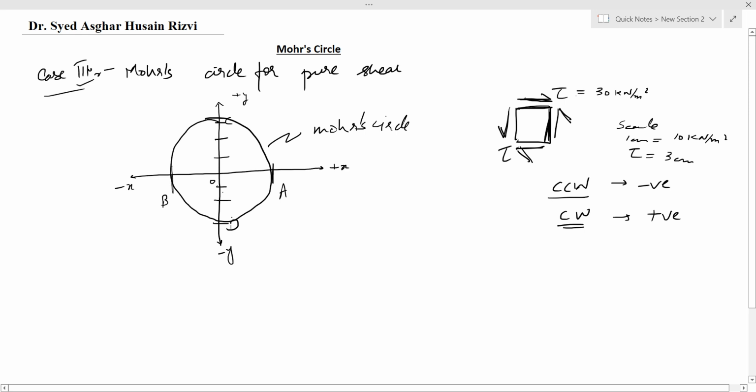Here you can see that the coordinates of the center are 0, 0, and the principal stresses are, this will be sigma 1 and this will be sigma 2.